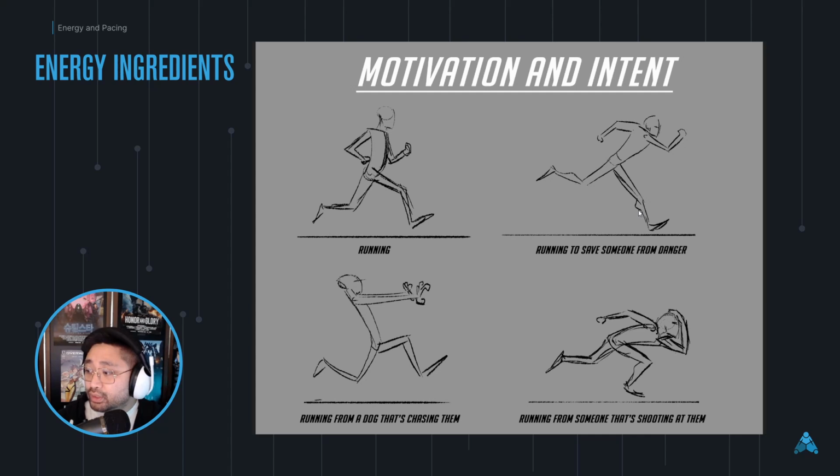And if we look at the one on the bottom left, running from, let's say, for example, a dog that's chasing them, you can see the differences that the intent has on the pose, specifically the line of action. It's very clear. And the bottom right one, running from someone shooting at them. So it's very important to keep in mind the motivation and the intent behind the character.